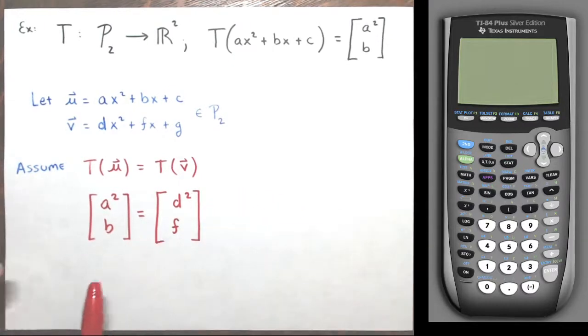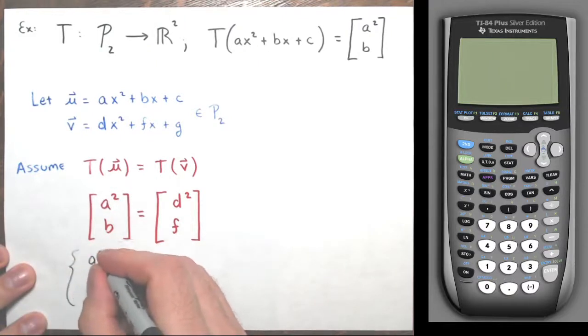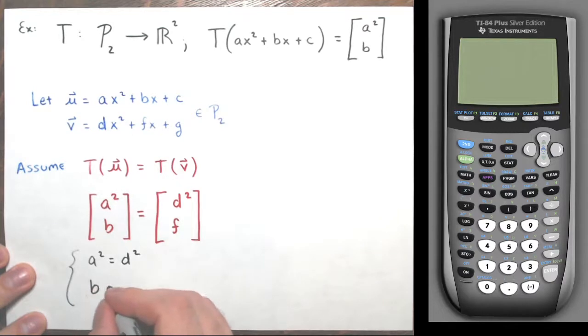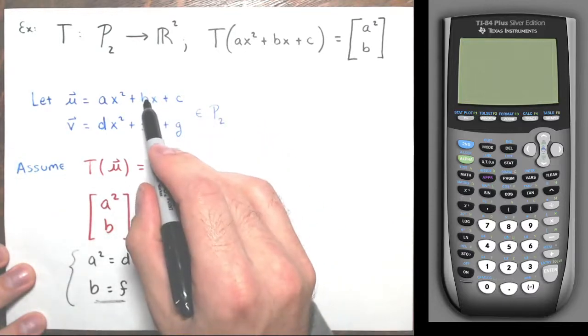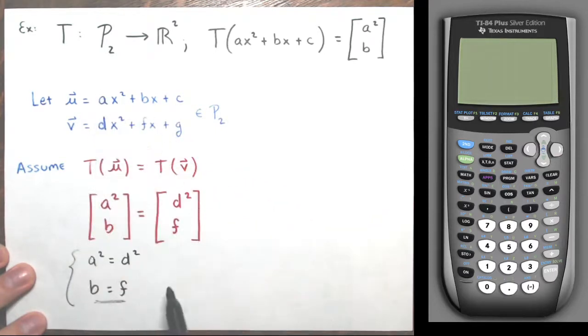And in order for this to be true, a squared would have to be equal to d squared, and b would have to be equal to f. Now this one's good. If b is equal to f, that's part of it. I'm trying to show that b equals f, c equals g, and a equals d.